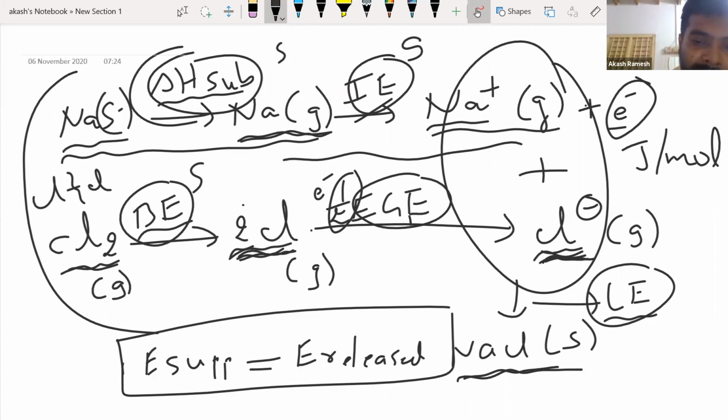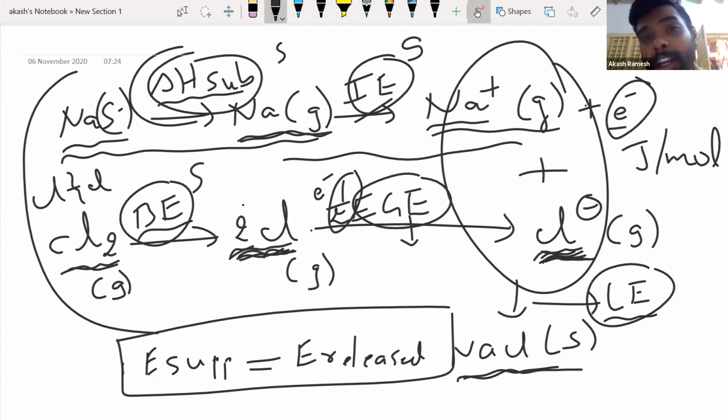Okay, what about electron gain enthalpy? This is also supplied, sir. Okay, now this might be a little confusing. Please understand, whenever you have non-metals like chlorine, fluorine, iodine, oxygen, nitrogen, the electron gain enthalpy will be negative, because when they form Cl minus, they are getting stabilized.